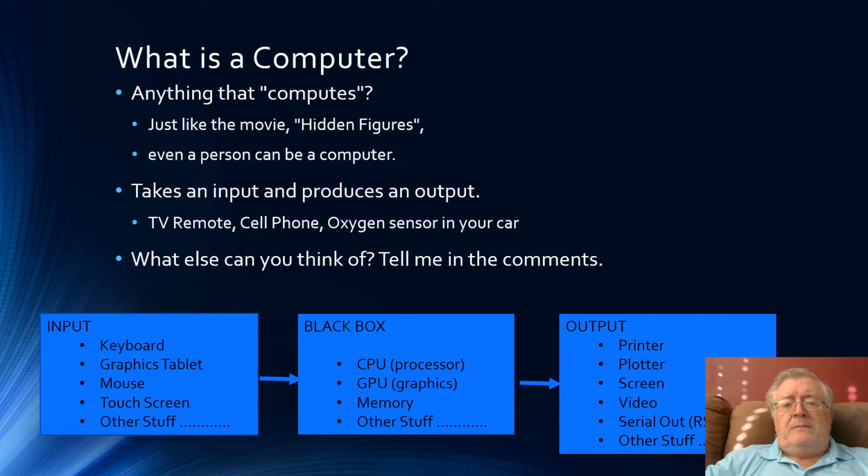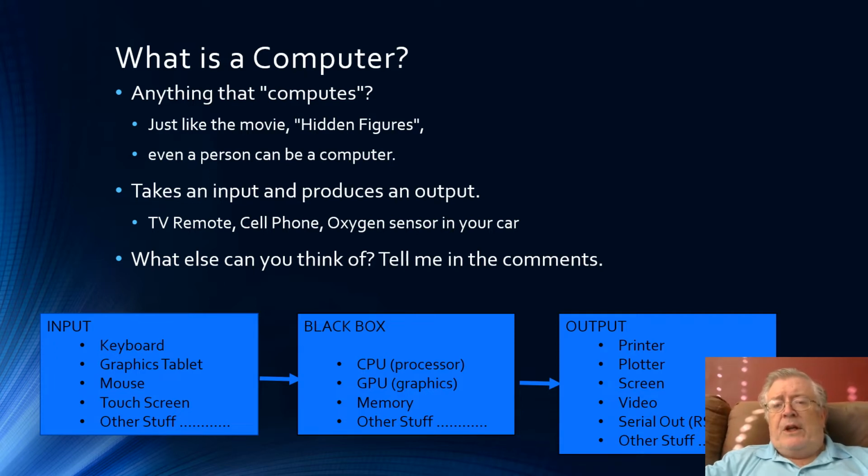And then once you get through processing, there's output. And nowadays there are all kinds of output. Your printer, they used to have plotters. I don't think they have those anymore. Your screen can be output. Video, like I'm doing here, can be an output.